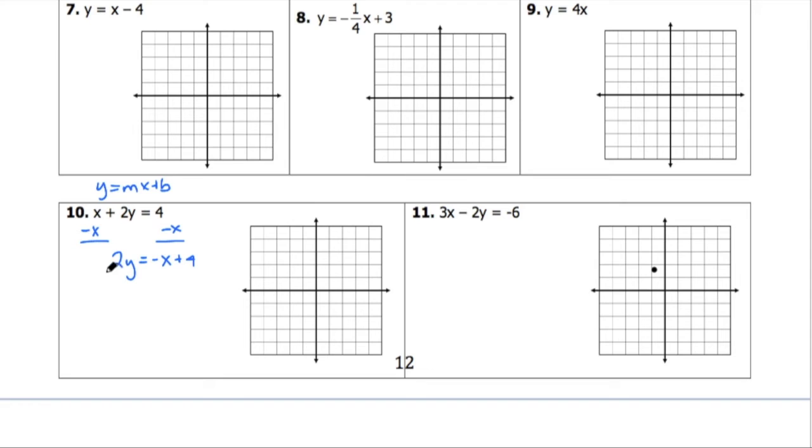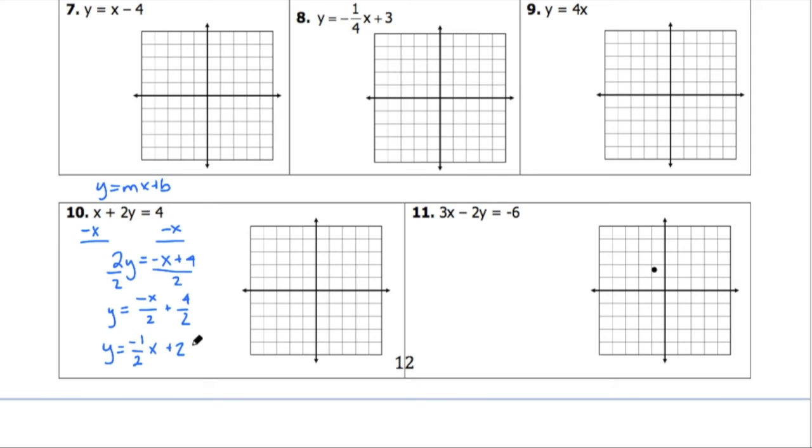Now I need to divide by 2. I can divide the whole thing by 2, but I'm going to do that in stages. I'm going to divide each term by 2. Here I'm even going to write that down, extra steps that you might be able to omit in the future, but we're dividing both terms by that 2. Now, instead of just leaving it as negative x over 2, I'm going to make that negative 1/2, because there's a negative 1 in front of x, negative 1/2 x plus 2.